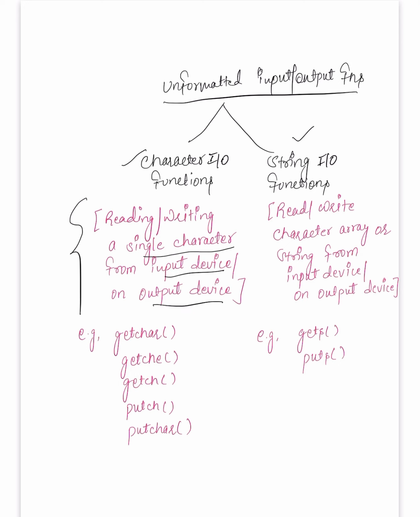Under the character input output function we have five functions: getchar, getche, getch, putch, and putchar. For the string input output functions we have two functions, gets and puts, which are used for reading or writing character or string type data.